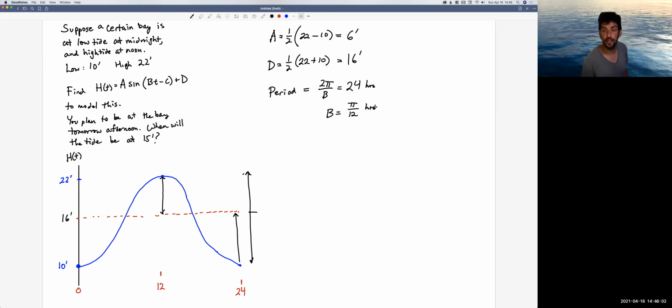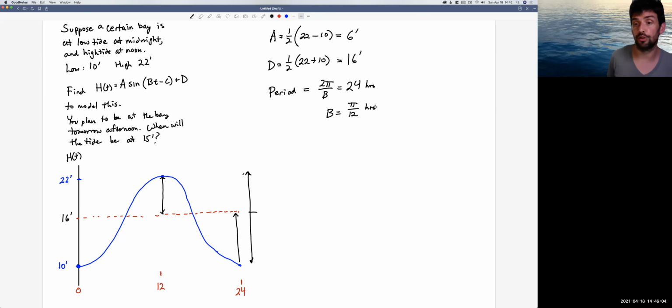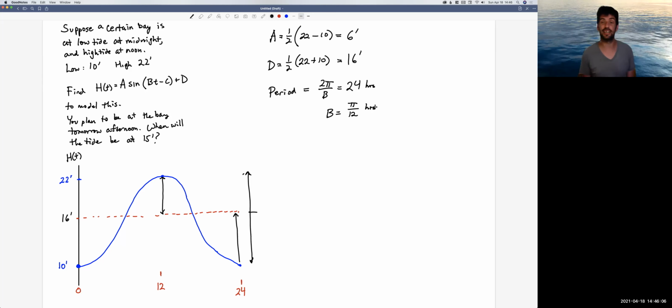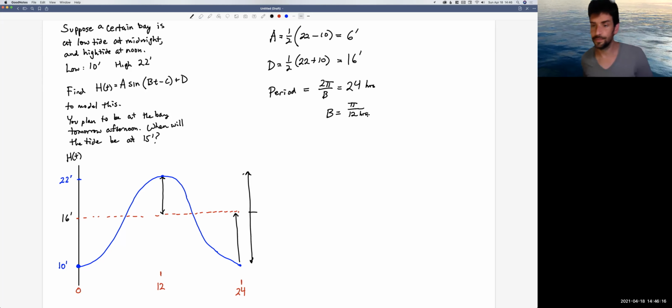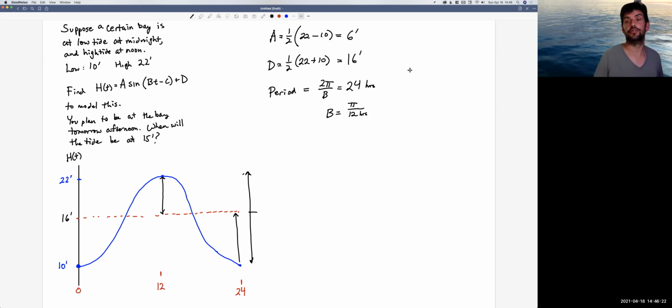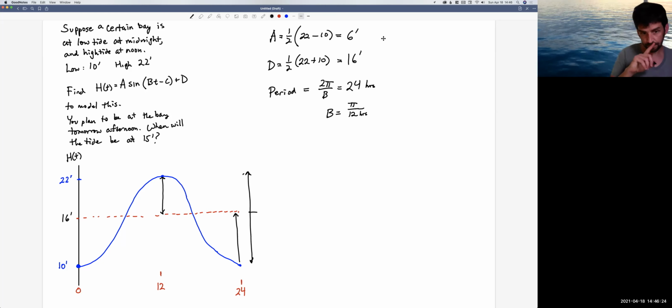So B is pi over 12 hours. The period is 24 hours, but that constant B is pi over 12, with hours in the denominator. Okay, and I'm going to talk about units a little bit when we get all of our constants. Notice I've been keeping them the whole time.